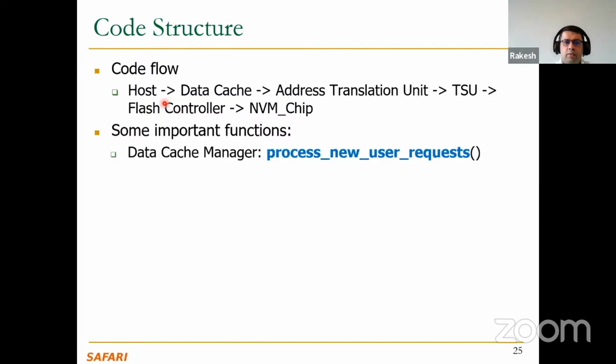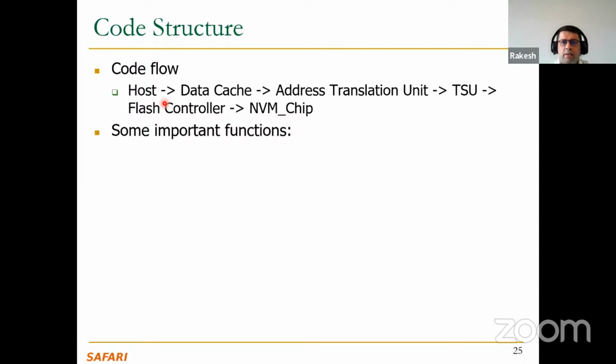It also moves to the address translation unit for performing the logical to physical address mapping. And it then goes to the transaction scheduling unit. From there, it reaches the flash controller and the NVM chip, which is the back end of the SSD.